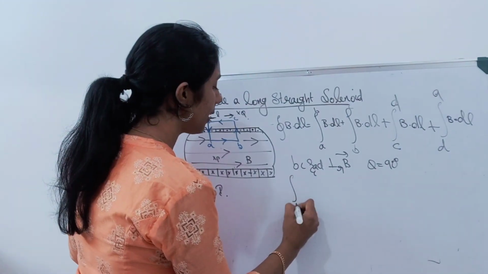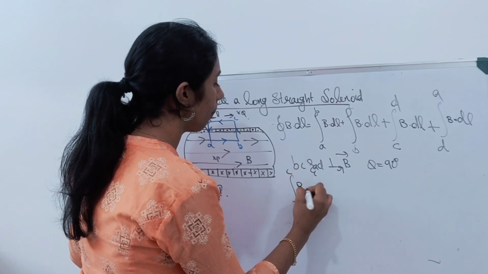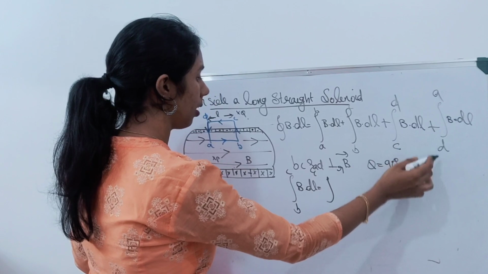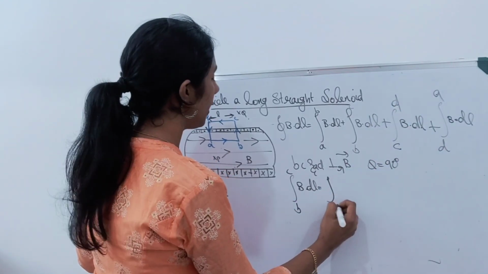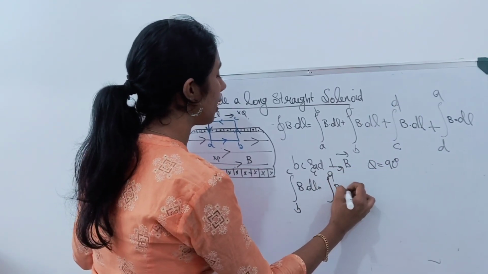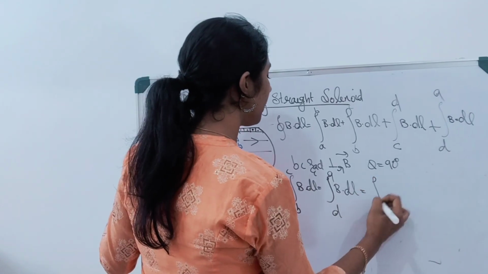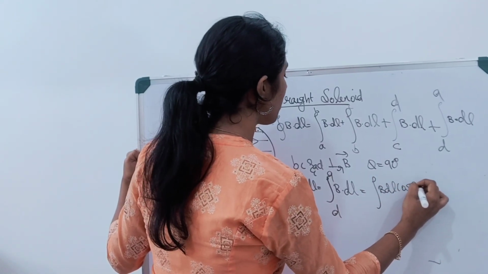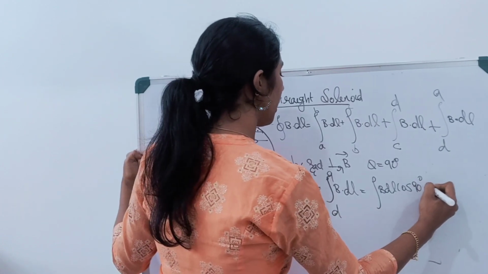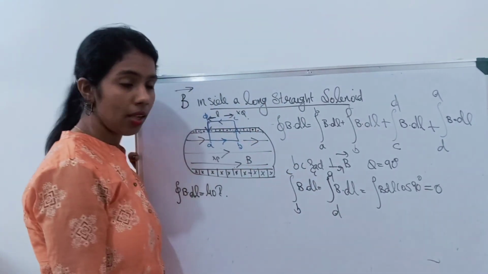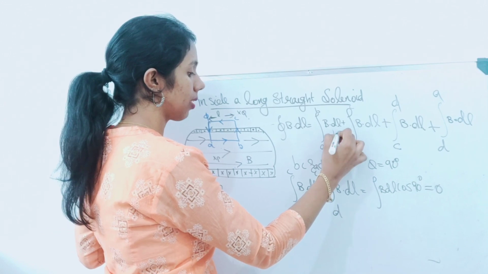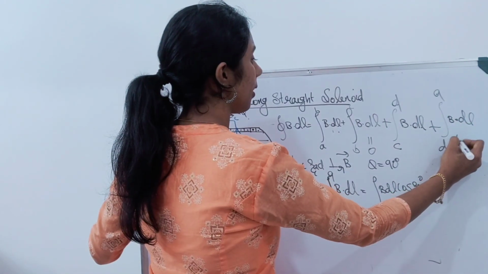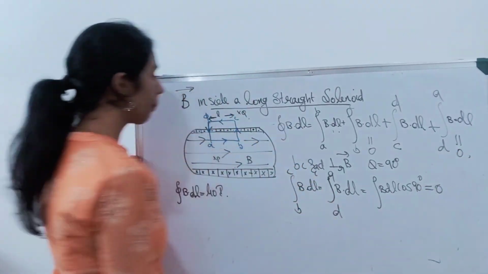The integral from B to C of B dot dl, and the integral from D to A of B dot dl, are equal to the integral of B dl cos 90, where cos 90 is 0. So these two terms, B to C and D to A, are equal to 0.